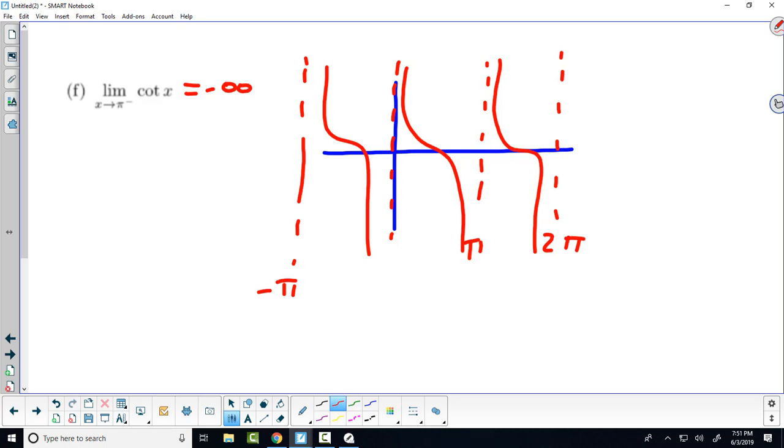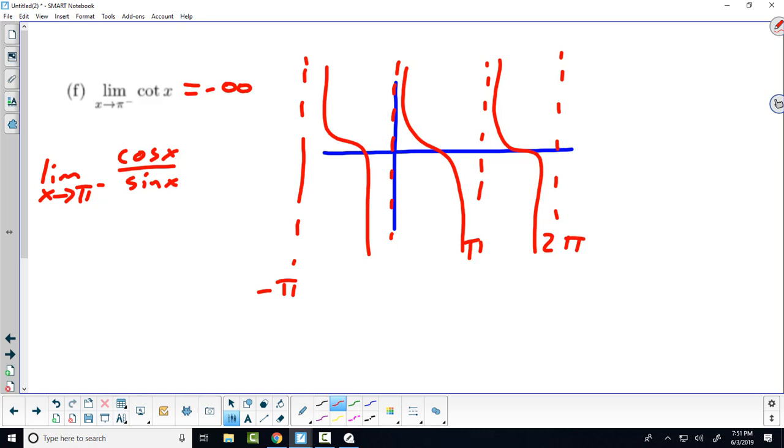Here's another way to tackle the problem, though. We could look at the limit as x approaches pi from the left of, let's go ahead and rewrite the cotangent as the cosine of x over the sine of x. That's not going to solve all of our problems.